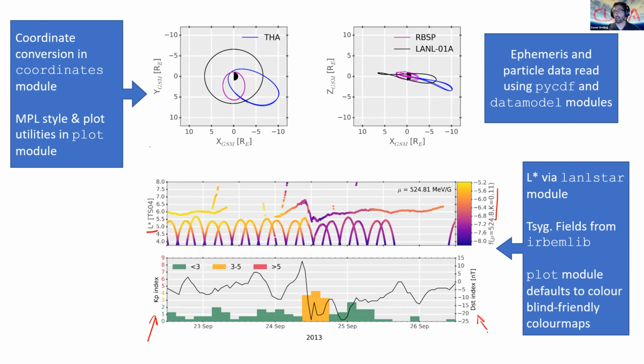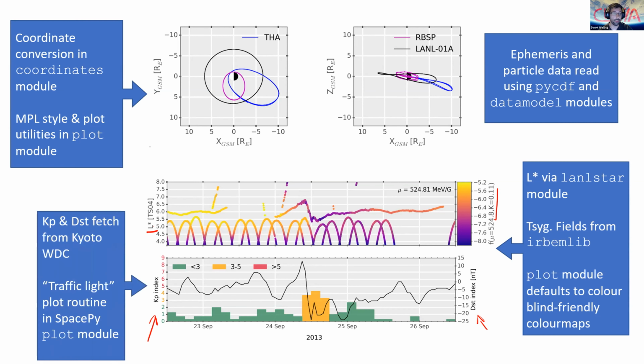So you can get L star via the LANL star module, with magnetic fields including the Tsyganenko models from the IRBEM library. The plot module, of course, has a whole bunch of tools for making these kinds of plots easier. You can fetch Dst and Kp from the Kyoto World Data Center website, and making a plot like this at the bottom with the traffic light green, yellow, red Kp is like a one-liner in the plot module.